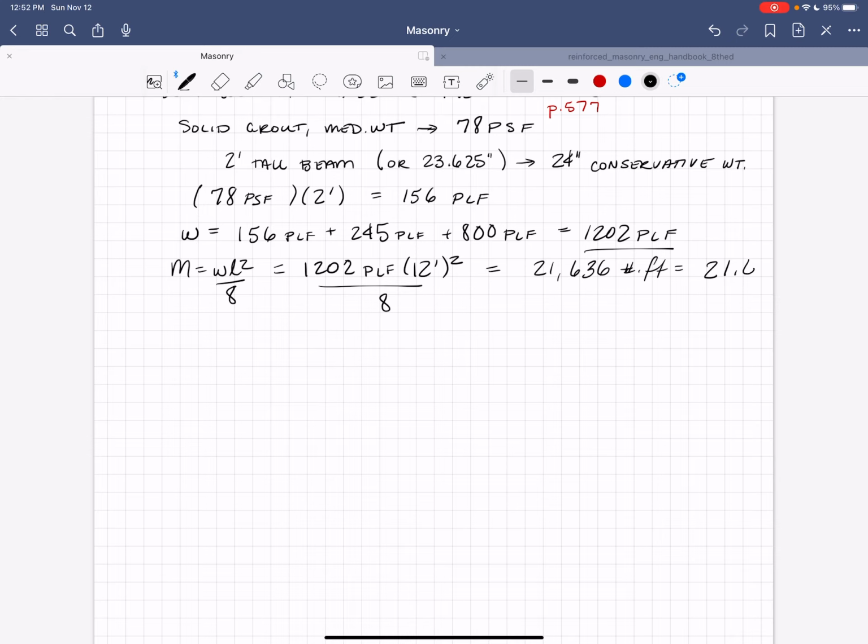We'll go ahead and put this one in kip-feet to make that less of a problem: 21.6 kip-feet. All right, so that is our demand moment. We'll underline that in red here. It's our demand moment.